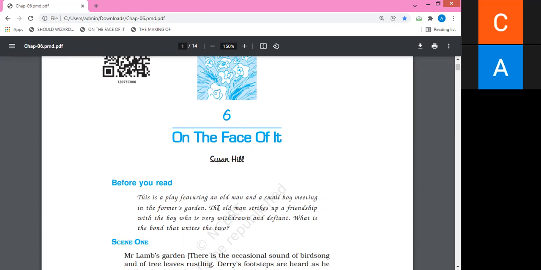The old man wanted to extend his hand of friendship, in order to make that particular boy a complete personality.